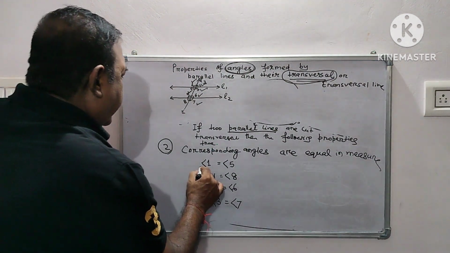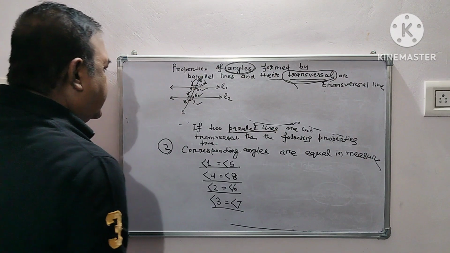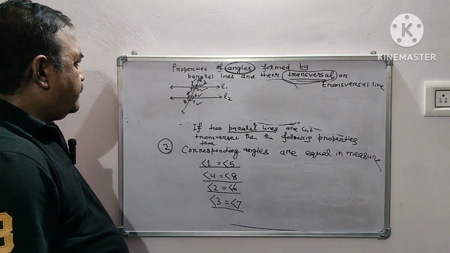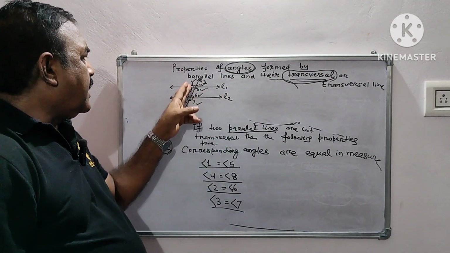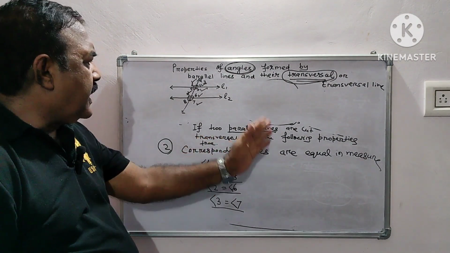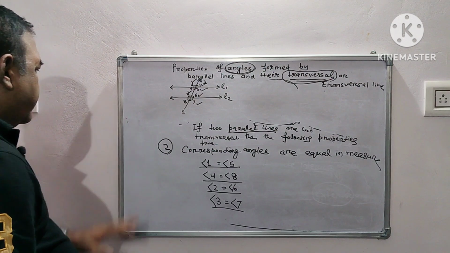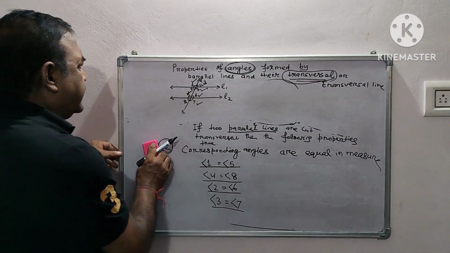So in each pair, you see the two corresponding angles are equal in measure. Because already I have told you, two parallel lines are cut by the transversal. So the corresponding angles are equal in measure. So you will have to remember the property 2. Then we will go to property 3.